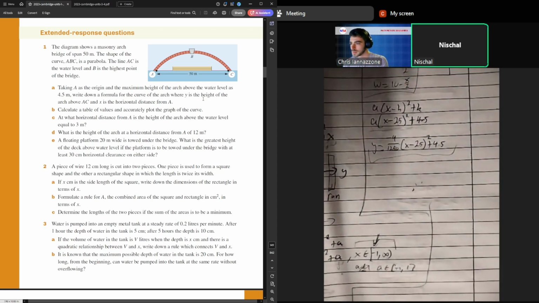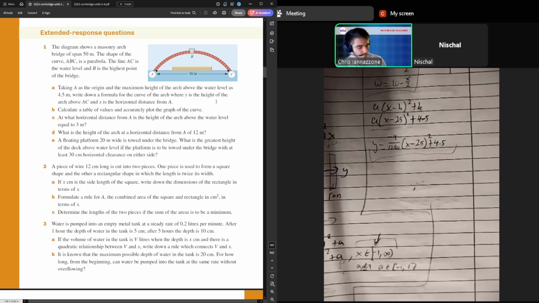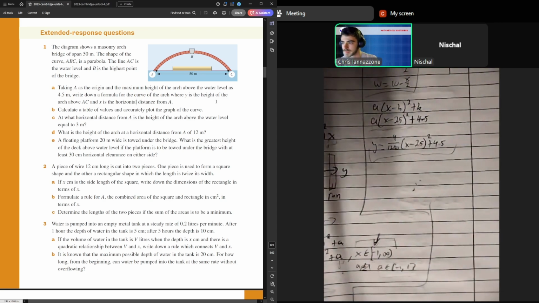Because it says let y be the height and let x be the horizontal distance, and we've made sure to write that specifically.